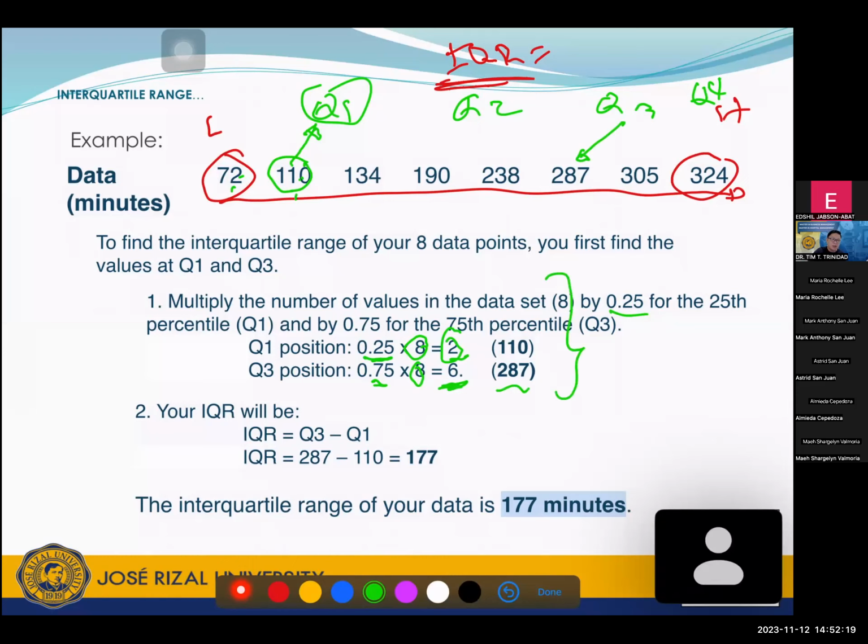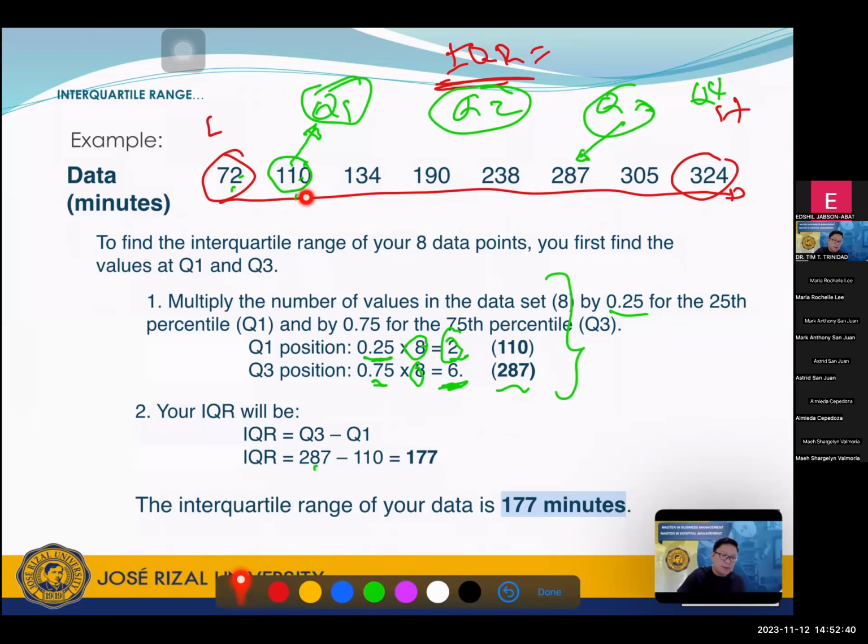Now, hindi ito ang gusto natin. Ang gusto natin is the interquartile range, right? So what you're going to do is you get the value of your Q3 minus the value of your Q1. Q3 is 287, less the value of Q1, which is 110, then it becomes 177.